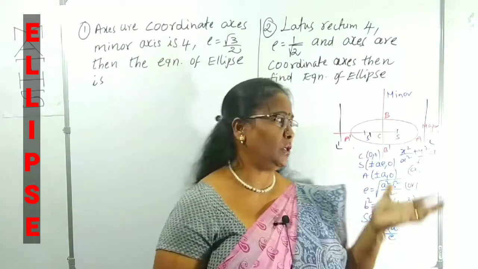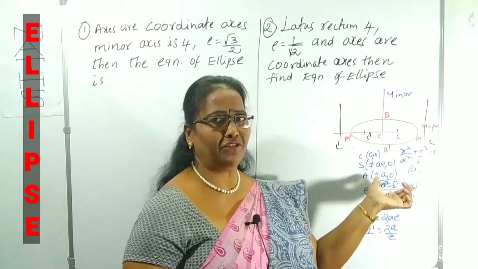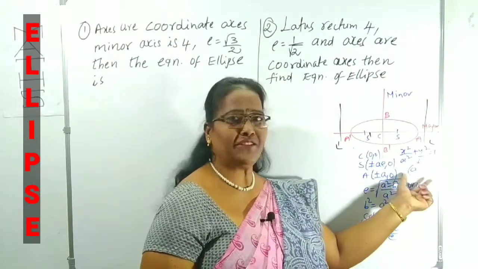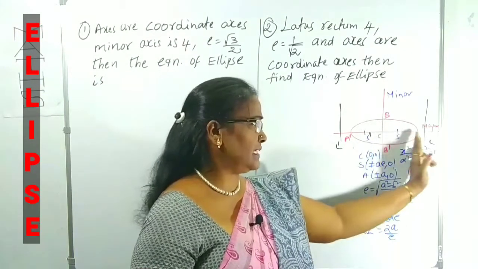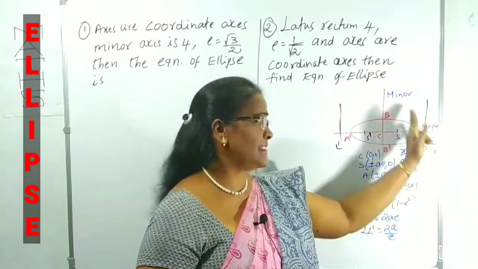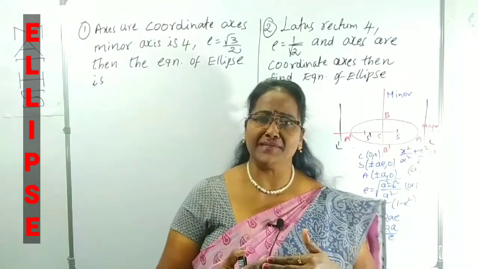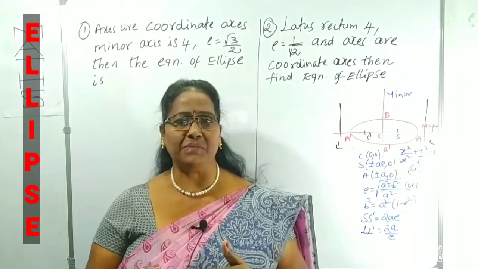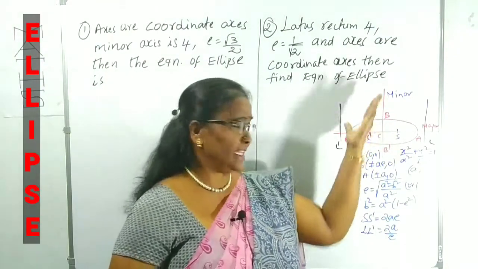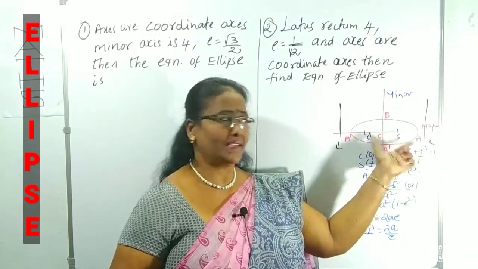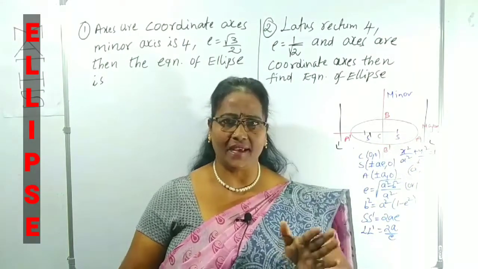So simply you have to know what the standard form of the ellipse is and what its contents are. Clear? In case of a greater than b, we take the major axis along the x-axis, the minor axis along the y-axis. In case of a less than b, it is also known as b greater than a, and this will be in reverse. It means the major axis is vertical, along the y-axis, and the minor axis along the x-axis.